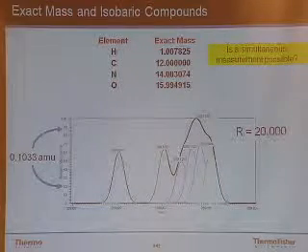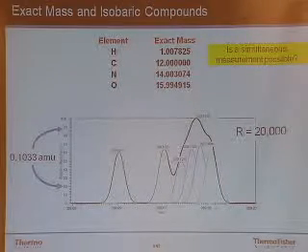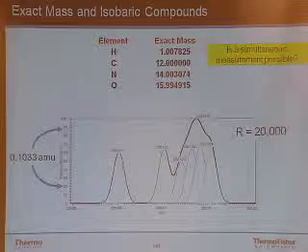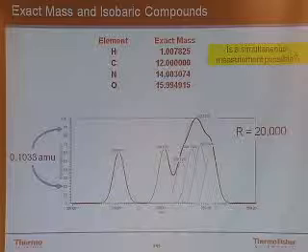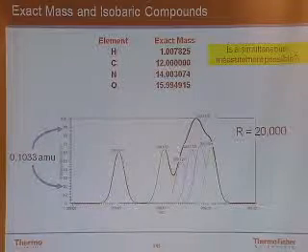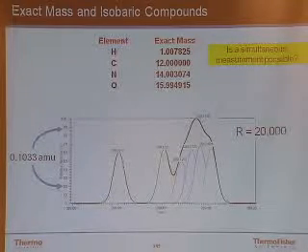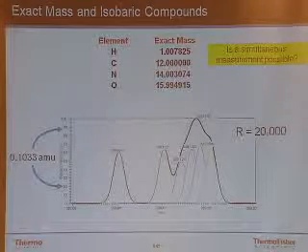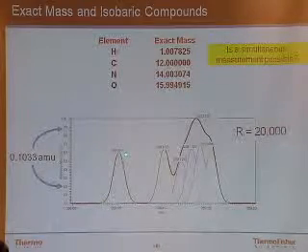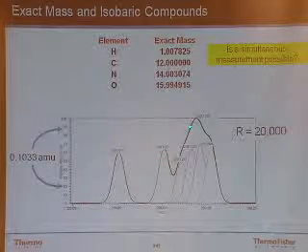If I go to 20,000 resolution, and that's what the state of the art in time of flight mass spectrometry is right now. The QTOF mass spectrometers will go to about 30,000 resolution. But at this nominal resolution of 20 or 30,000, I think you can see that in fact I now get 1, 2, 3 peaks.